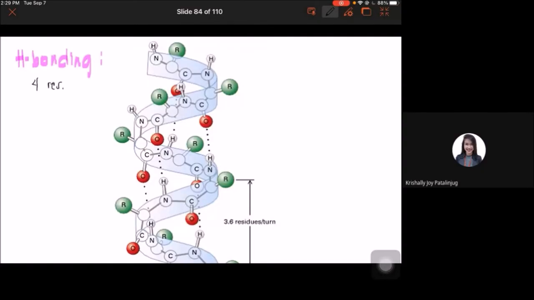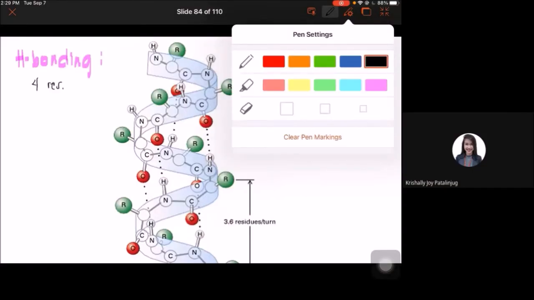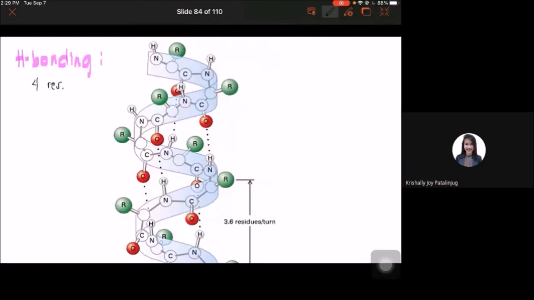Okay, so i-verify nato. Tanaw nato ning 3D representation kung 4 ba talaga na residues away, tapos may hydrogen bond na. So, first thing we have to look for, of course, the electronegative oxygen atom. For example, ito yung alpha carbon, yung mga bilog na blanco.